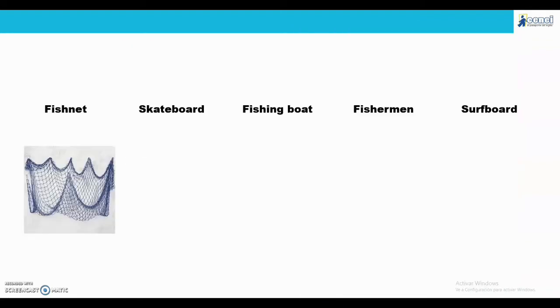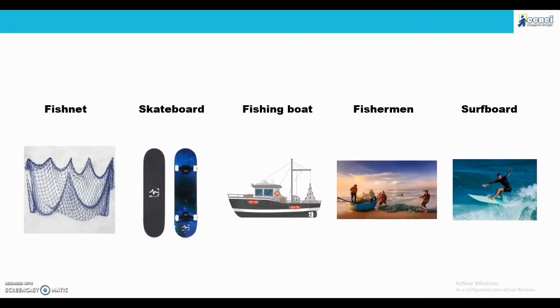So here are the pictures. Now it is easier to understand the meaning of a compound noun by looking at the words that form it. For example, in fishing boat, we know what fishing means and also what boat means. So we can deduce that it is a boat or a ship used to catch fish in the sea. You can try doing this with the other compound nouns to understand their meaning.